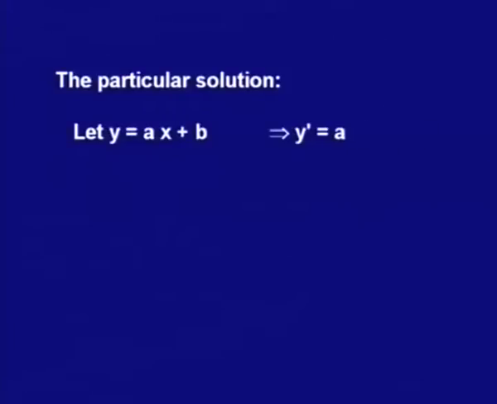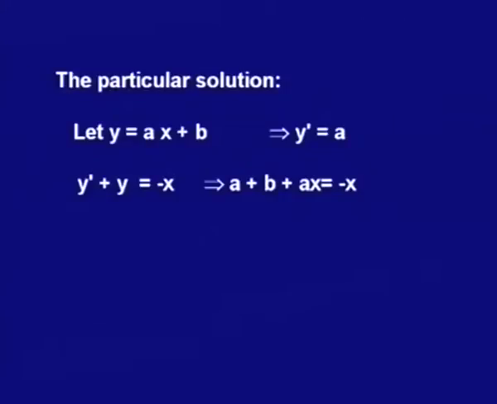What this gives, that y dash is a. If this y and y dash we put in our given equation, that y dash plus y is equal to minus x, we would get that a plus b plus ax is equal to minus x. Now, equate the coefficients of x and the constants, we would get a plus b as 0 and a as minus 1.